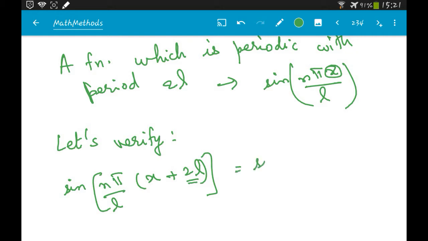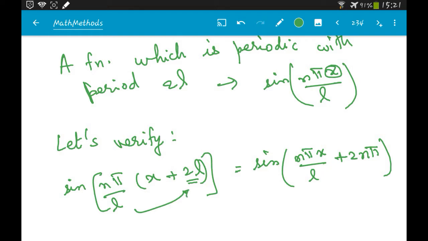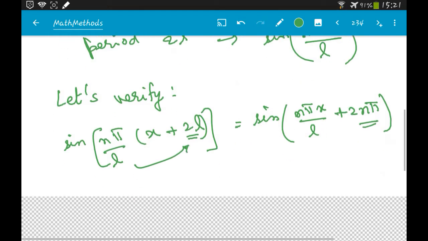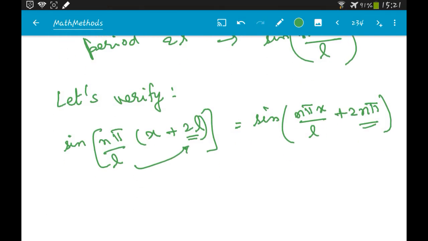So this is nothing but sine n pi x by L plus 2n pi. If you multiply this term, you will get 2n pi. So for any function, after n number of completing the circles, the sine function is going to be the same. So this is nothing but sine n pi x by L.